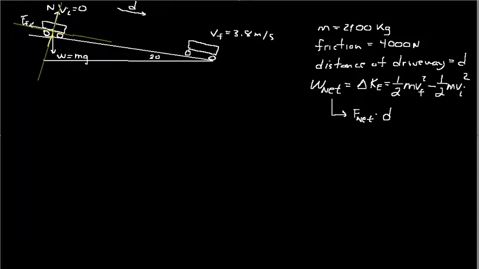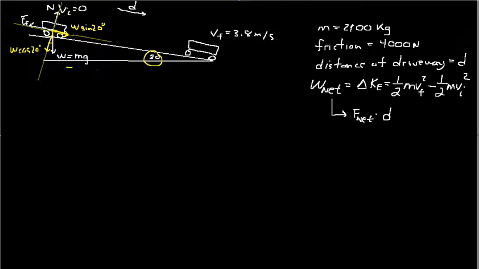For weight, there's one component in that direction and one in this direction. Remember that this 20 degrees goes right inside there, so the component perpendicular to the ramp is going to be the weight times the cos of 20, and the component down the ramp is going to be the weight times the sine of 20, W sine 20. Remember, sine is always down the ramp, and it's this angle we're talking about.